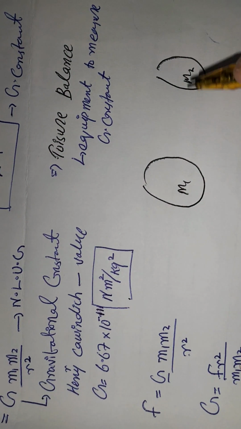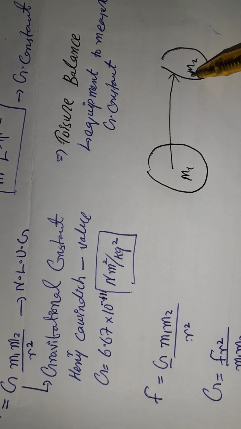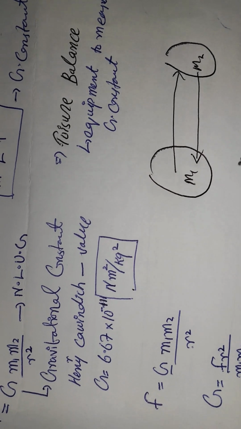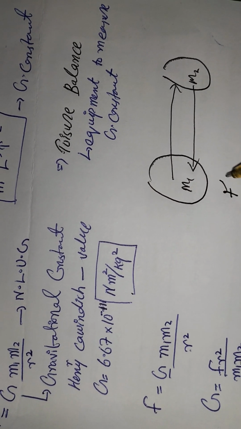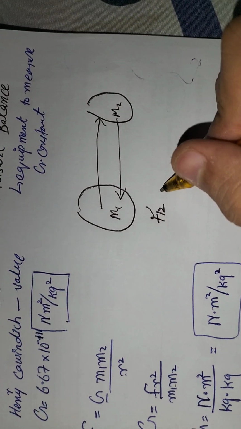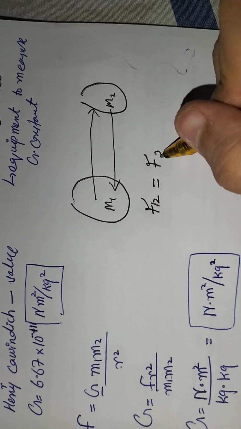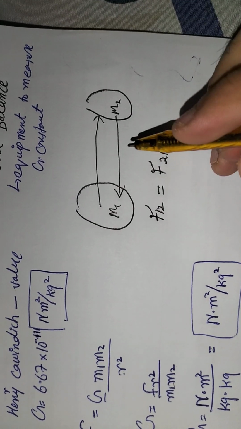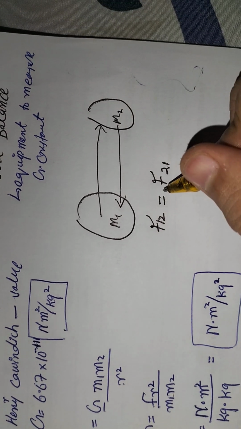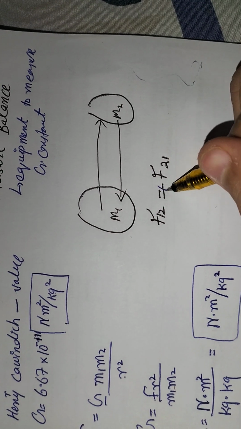The force from the first object to the second, F12, is equal to the force from the second object to the first, F21, and here we add a minus sign.